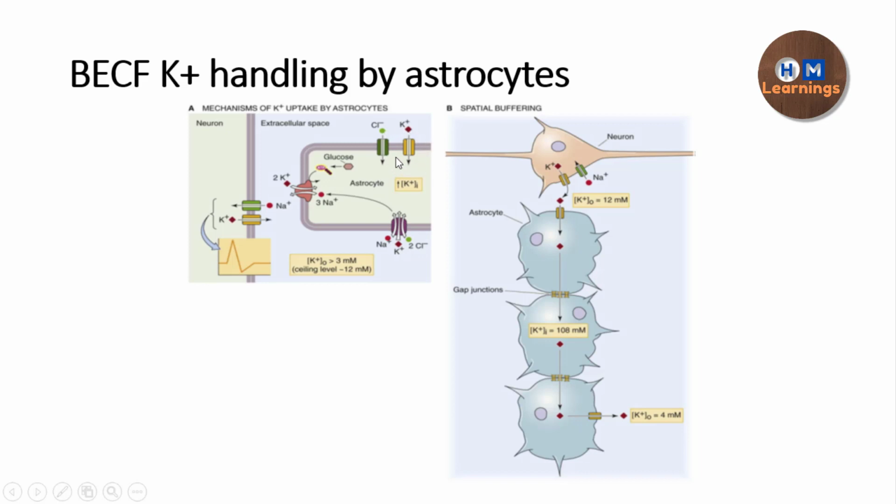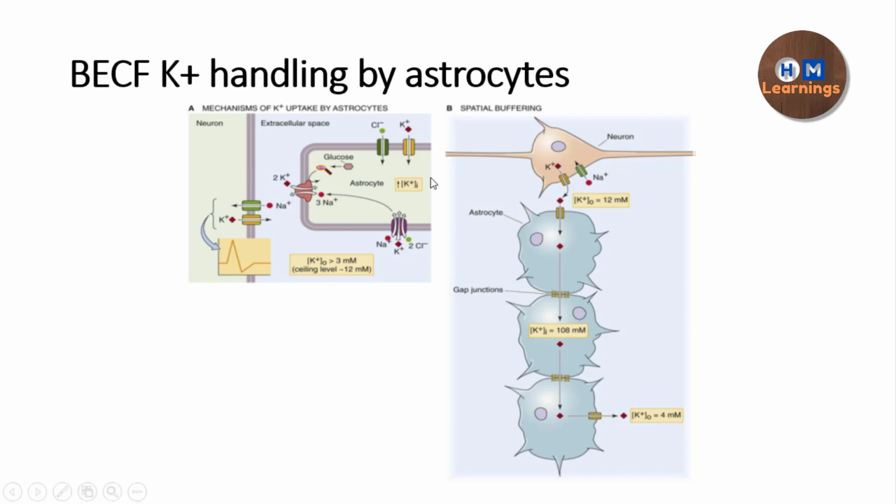Apart from this, there are potassium inward rectifying channels also on the membrane of the astrocyte. So these 4 channels help the astrocyte to pick up the potassium from the extracellular brain ECF and make sure that the concentration of the potassium in the ECF remains at the ceiling level, which is 10 to 12 millimole.